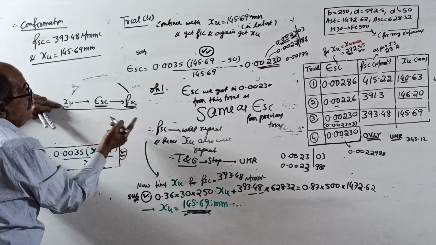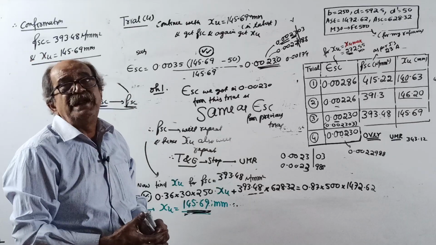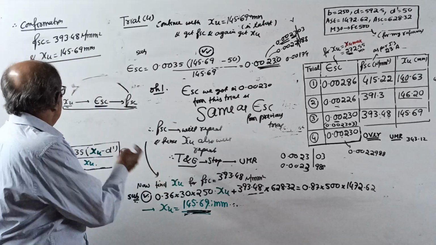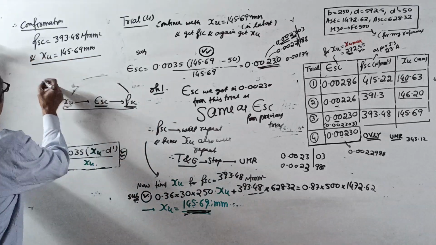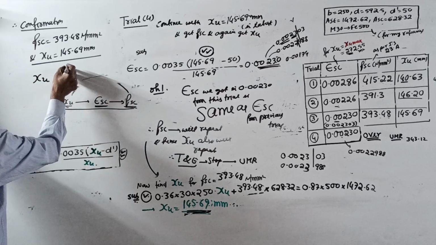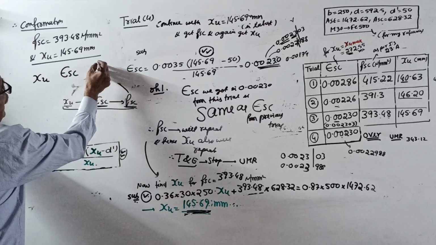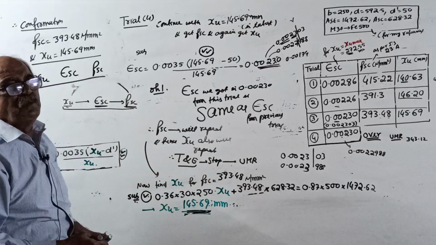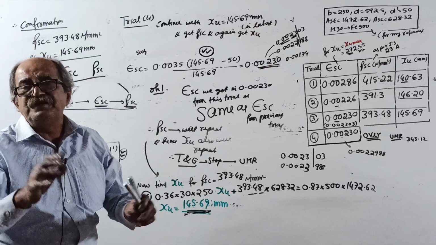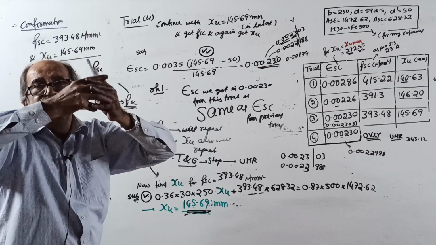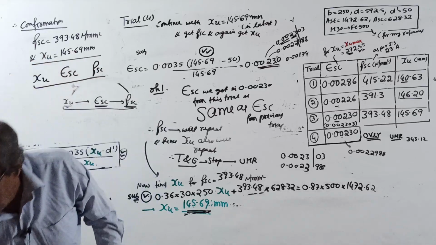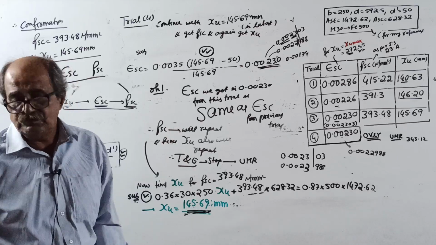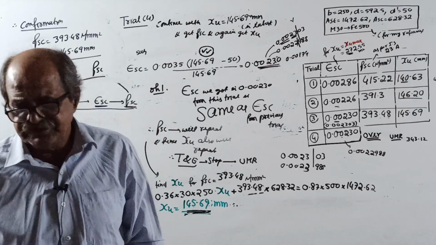In this question, epsilon sc repeated. In some questions fsc will repeat, in some xu will repeat. So remember xu, epsilon sc, and fsc: the moment one of them repeats, the others repeat. That's all. I read the final answer now.